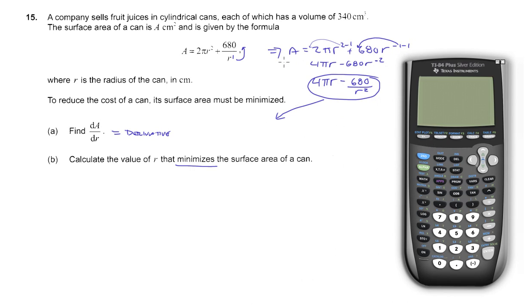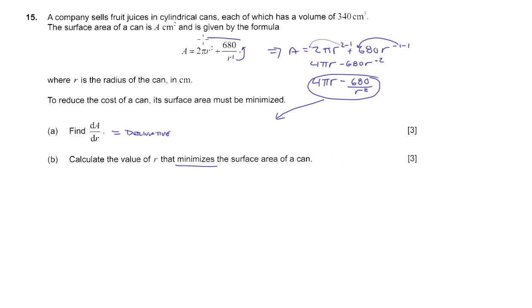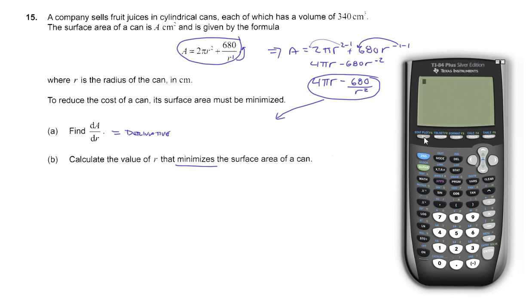So in our graphing calculator, we're going to want to enter in our original function here, right? Without obviously the A in there. So I have taken the liberty to enter that in already. So we got 2 pi, and here's our X,T,theta,n. So it's officially going to show up as 2 pi x squared plus 680 divided by x. Okay, now hard part on this here is going to be figuring out what to set our window to. Okay, so the r is the radius.